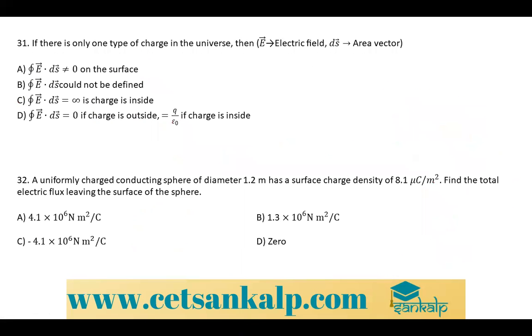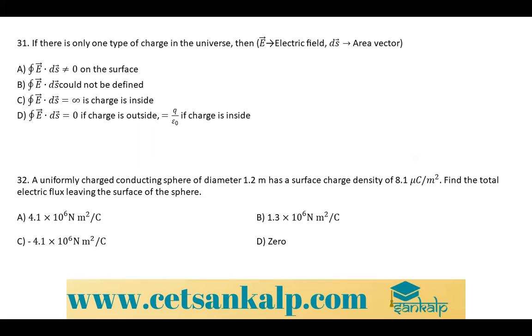Next problem. If there is only one type of charge in the universe, then if there is only one type of charge in the universe, so somehow it produces electric field, correct?